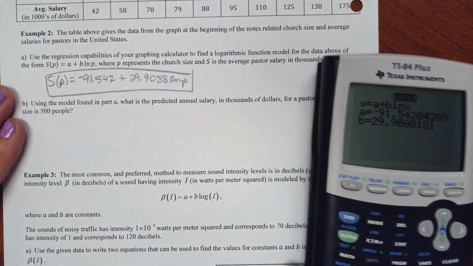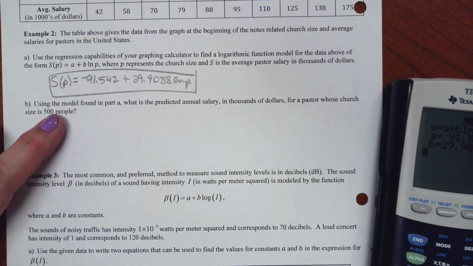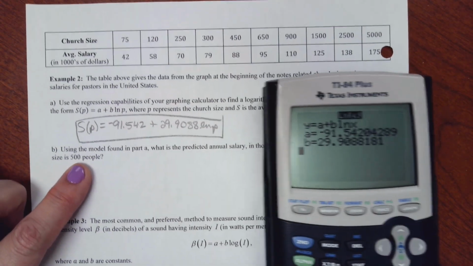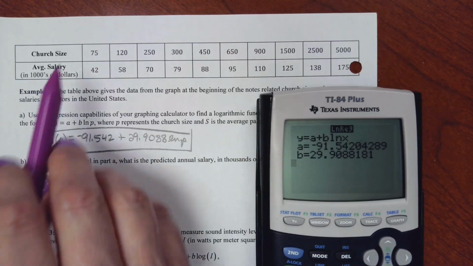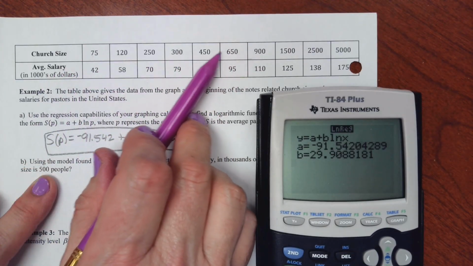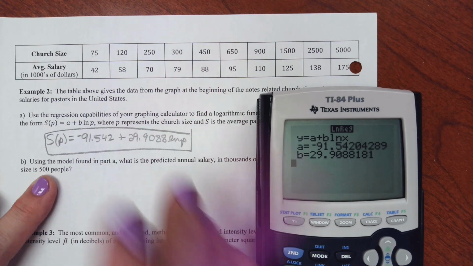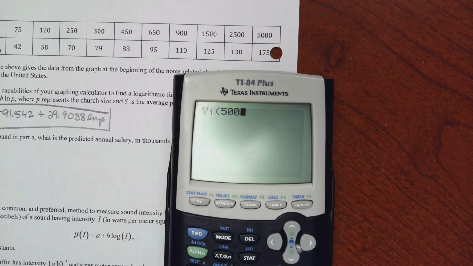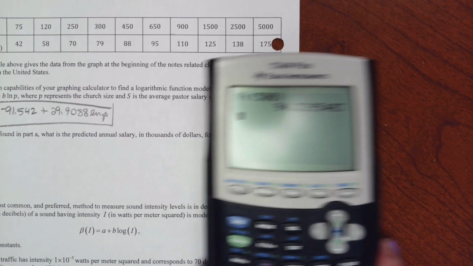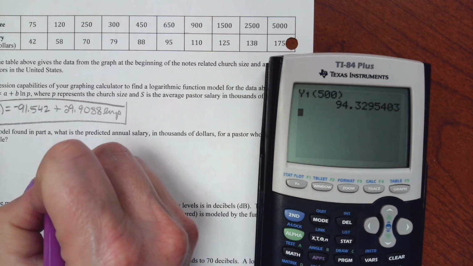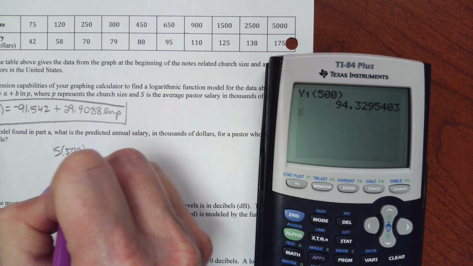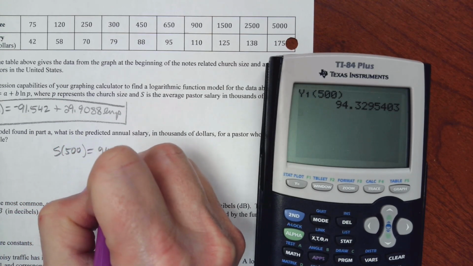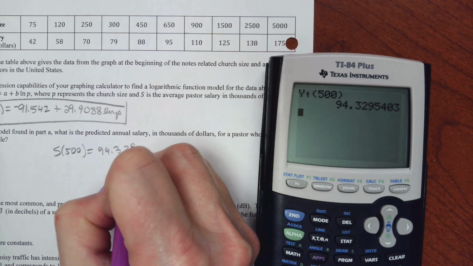All right, so now using the model, what is the predicted salary in thousands of dollars for a pastor whose church is 500 people? I'm going to plug in 500, which should be somewhere in between these two right here. So I'm just going to do alpha trace y1 of 500. There we go. So basically S of 500 is 94.329.